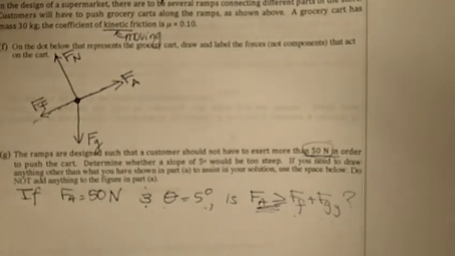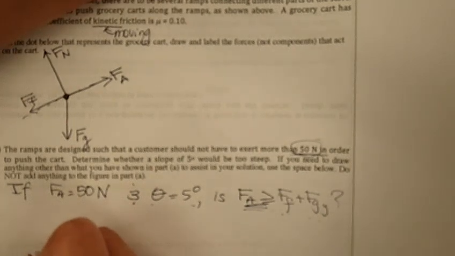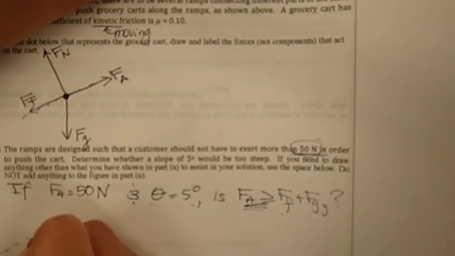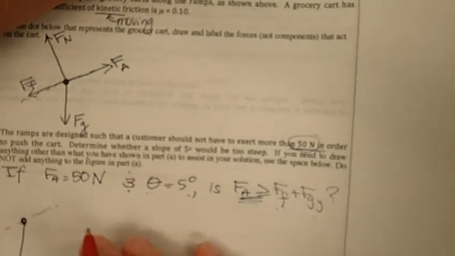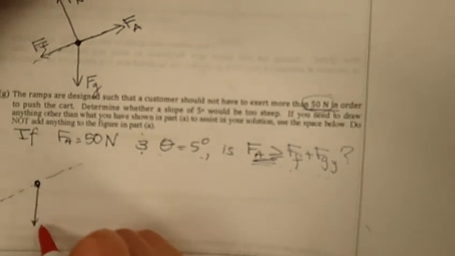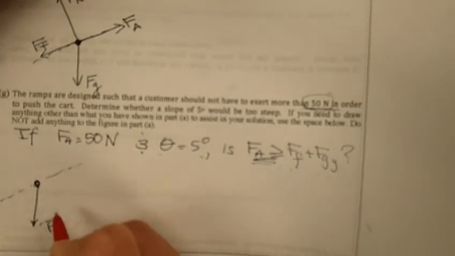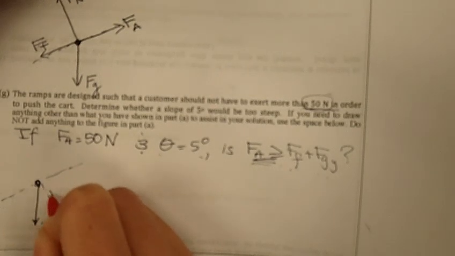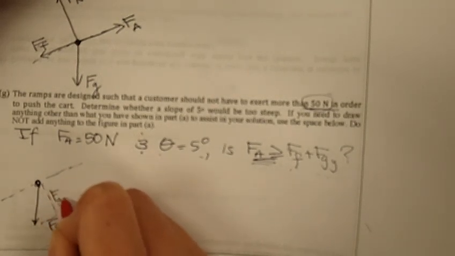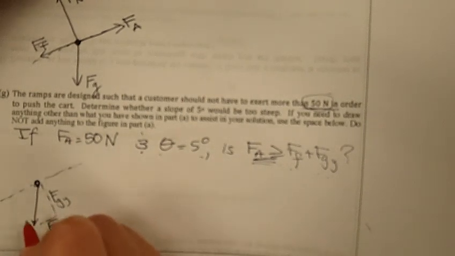Okay, so to answer this, we have to write out our Newton's two equations, but even before that, we need to break Fg up into Fgx in the direction parallel to the hill, and Fgy the direction perpendicular to the hill.